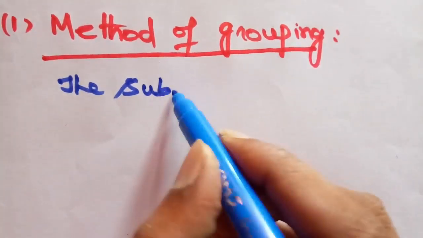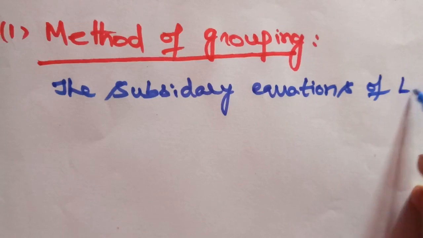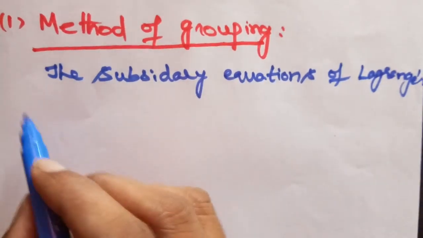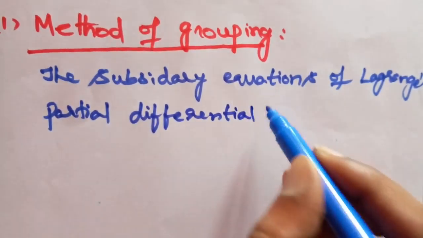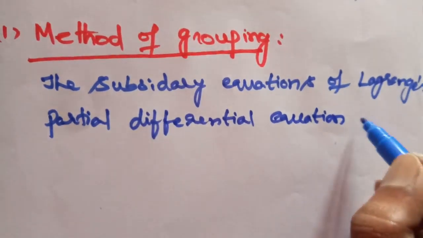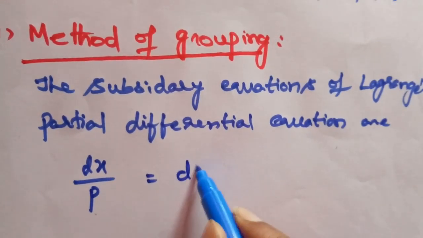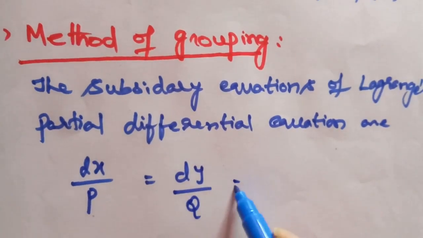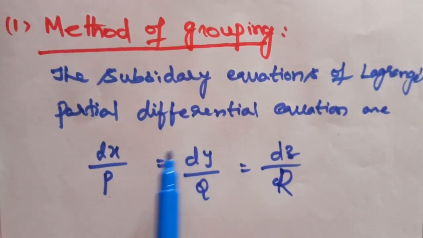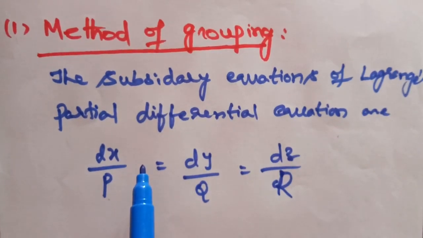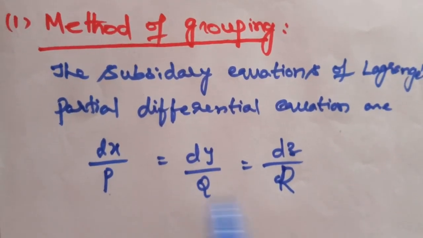The subsidiary equations of Lagrange's partial differential equation are dx by P is equal to dy by Q is equal to dz by R. Lagrange's partial differential equation is capital P into small p plus capital Q into small q is equal to R, where P, Q, R are functions of x, y and z. So we solve these equations by method of grouping.